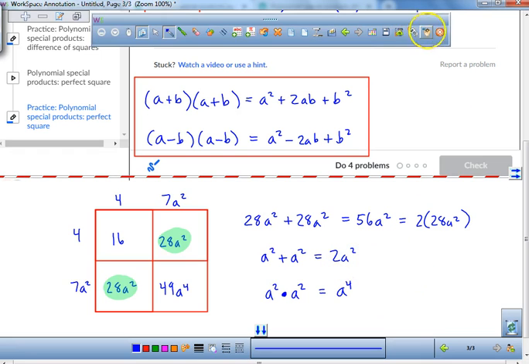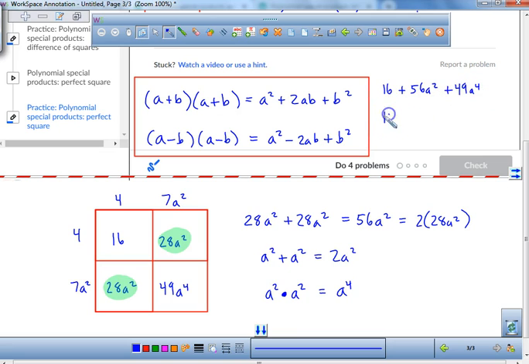All right, so our final answer, which doesn't have to be in standard form, is going to be 16 plus 56a squared plus 49a to the power of 4.